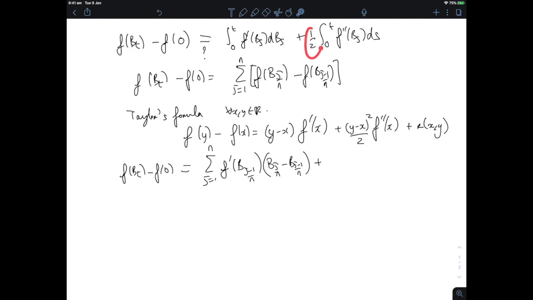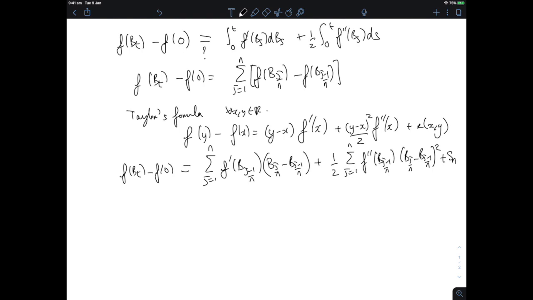It's really where this 1/2 comes from, and then I get 1/2 of the sum j equal 1 to n of f second of B_{(j-1)/n} times B_{j/n} minus B_{(j-1)/n} squared, and then I have an error term that I'm going to call S_n.